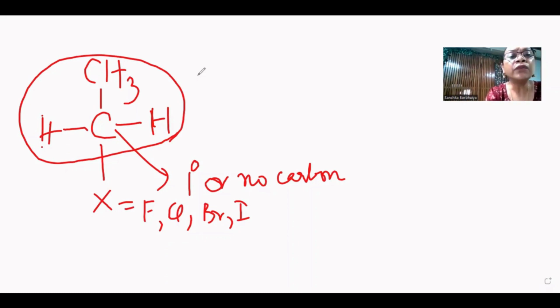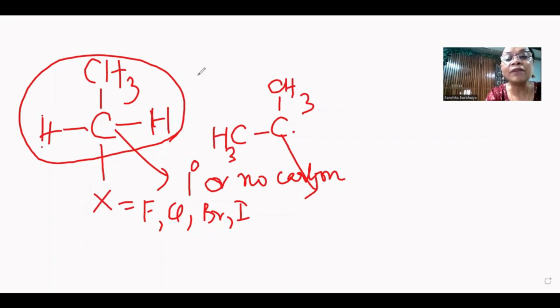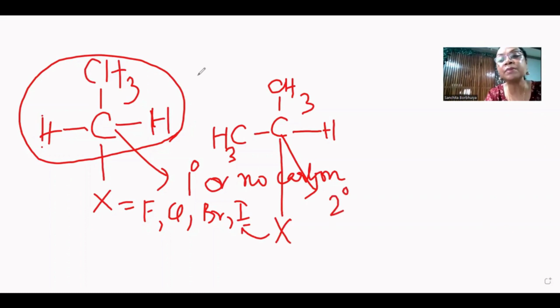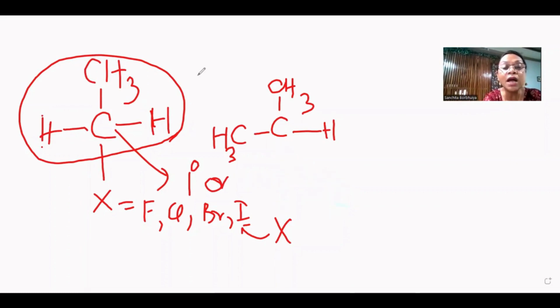So now from here, let us go to a secondary carbon. This is the secondary carbon where you have a hydrogen attached and a functional group in the form of X, which is once again the same. So this carbon is a 2-degree carbon. The simple meaning of a 2-degree carbon is a carbon having 2 carbons attached to it. So I started with the question of what is an isopropyl.